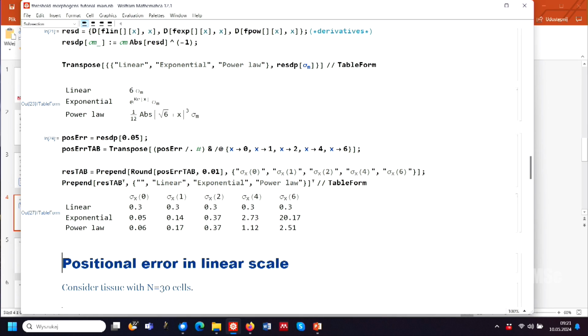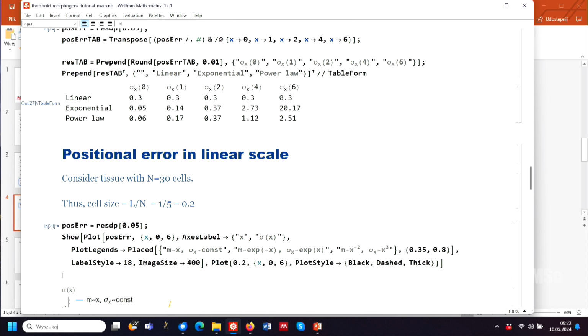Exponential does really great close to the source, but then gets worse and worse. Here, probably linear would be the best. And at the dorsal end, so at the end, exponential is basically meaningless because it gives you values larger than the length of the tissue, just 6.